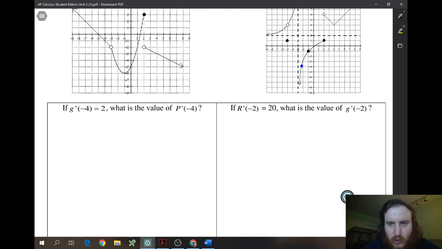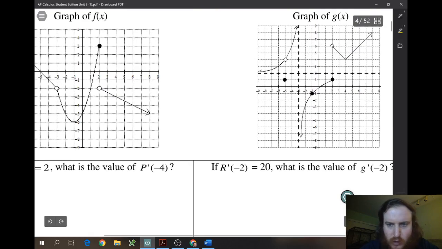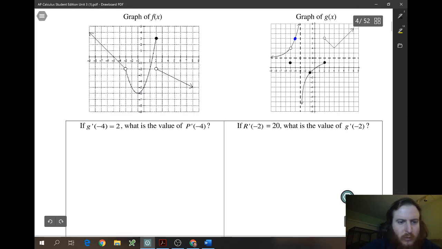So what we can see is that at negative 4, g of negative 4 is this point. That slope is 2. Okay. So what we're going to do is, I always write p of x, not p prime of x, but just going back to p of x.